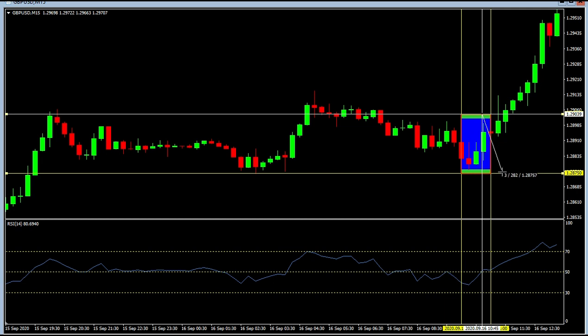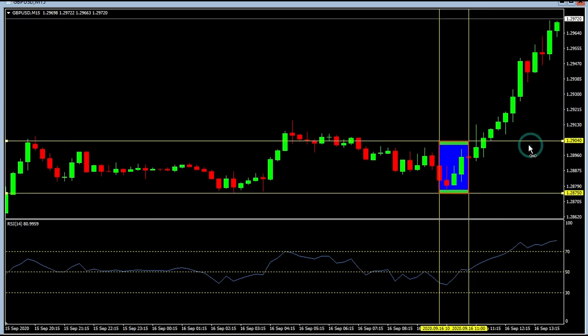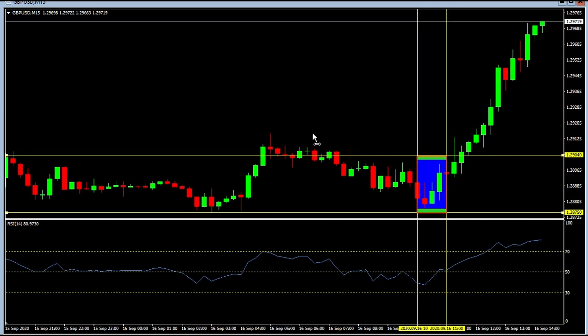So what are you risking? You're risking 28 pips, so you get your profit of 28 pips here on this candle, okay? So this is how you trade the 1 hour breakout system.